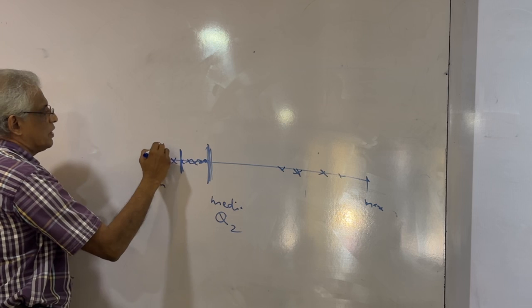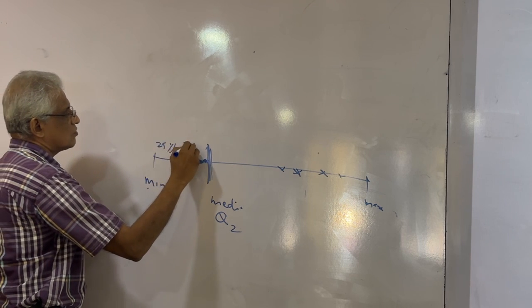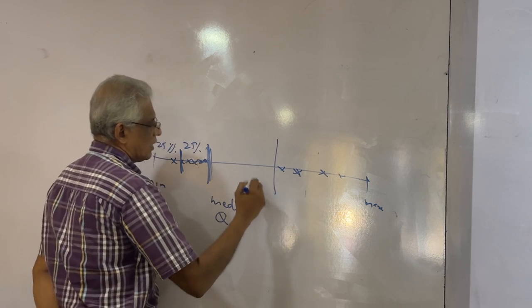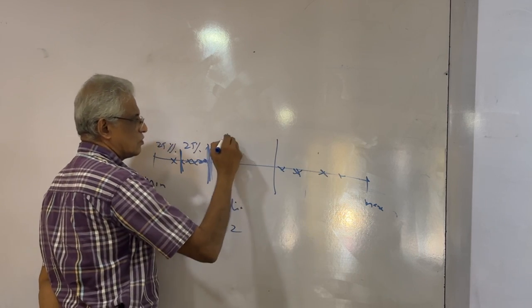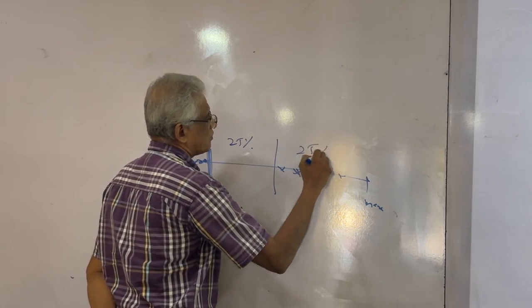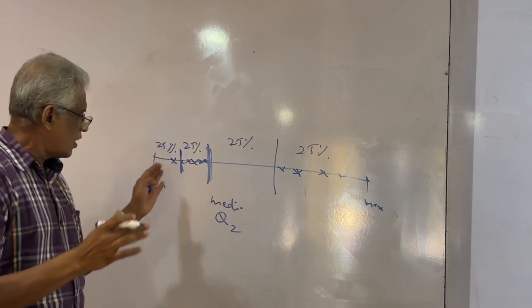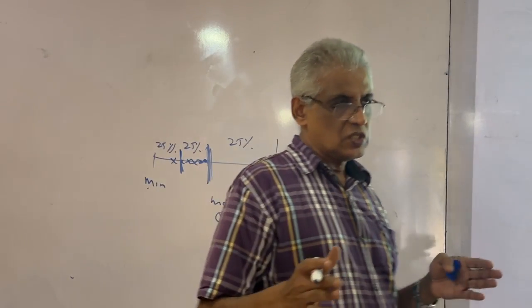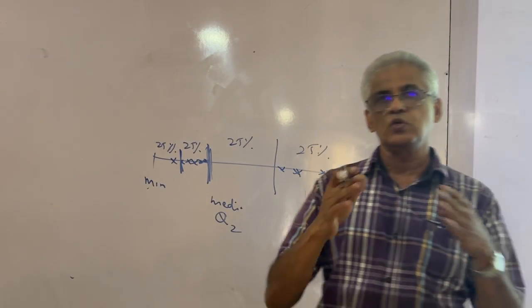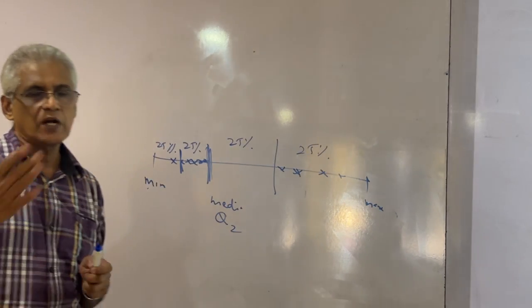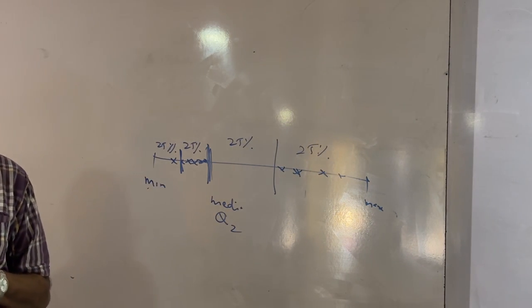So this will be 25% of the data and this will be 25%, and then you can find the middle of the other half again. So there will be 25% of the data here, 25% of the data here. Right? So that means you can find three values by which you can divide the data set into four equal parts, so that each part will have 25% of the data.